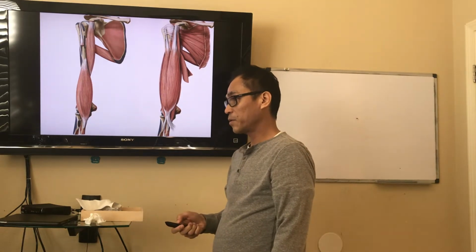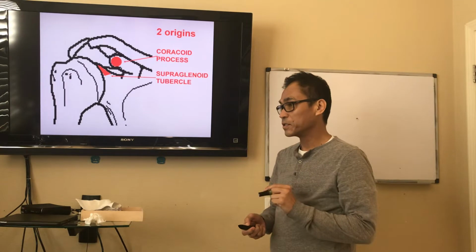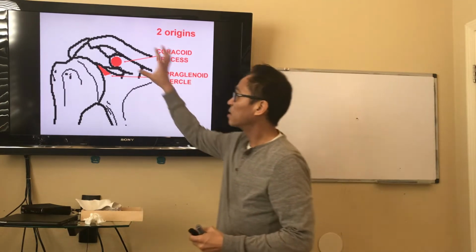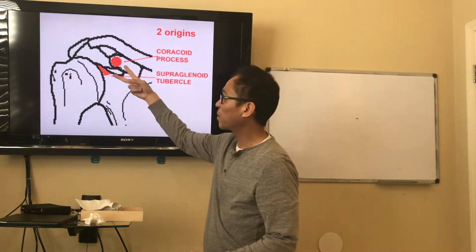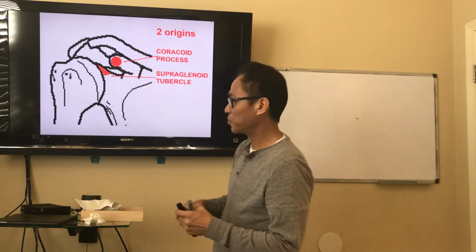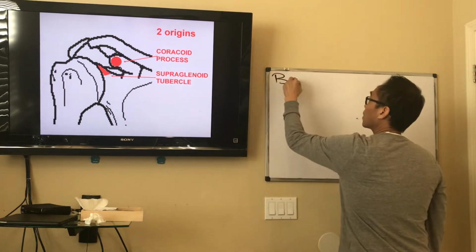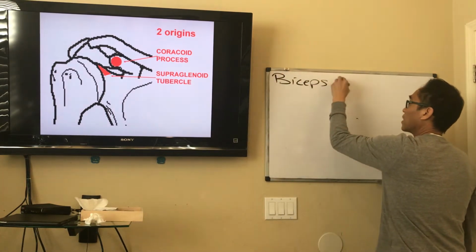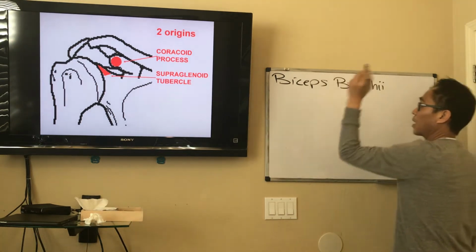All right, there's a blank figure you can study. Let's start with the biceps brachii. Two origins. This is the shoulder joint, and I've blown it up so I can point out these two locations for the two origins of biceps brachii.